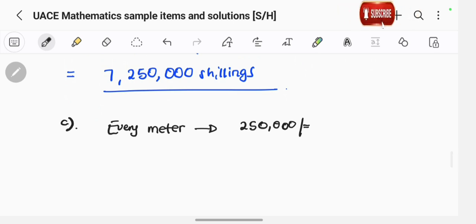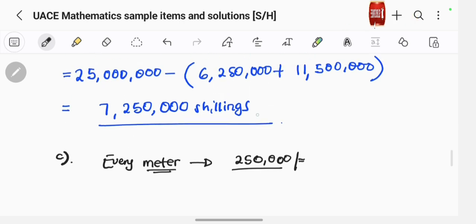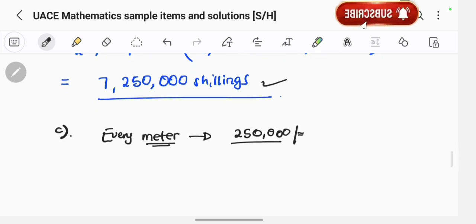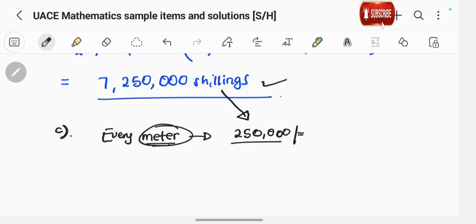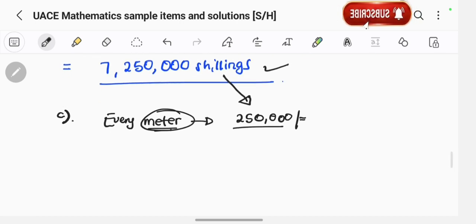This means that for every meter we spend 250 Uganda shillings, and they want us to determine the depth of borehole A. So if we have the total cost for drilling borehole A, I can divide this by the 250, and the result will be the depth.